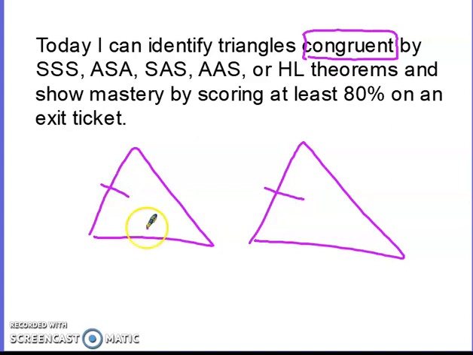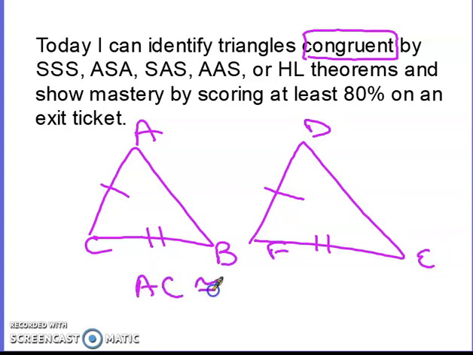If they have the same number of tick marks, that means those sides are congruent. So in this case, if I call this triangle ABC and DEF, that tells me that AC is congruent to DF. It also tells me that BC is congruent to EF. And I'm basing that solely on the tick marks.